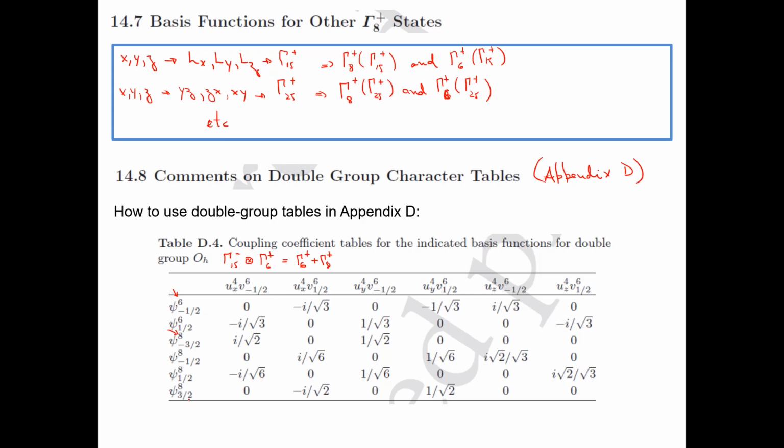The label here is the MJ value, so 3/2, 1/2, minus 1/2, minus 3/2, and these are the different rows, and the different columns correspond precisely to px spin down, px spin up, py spin down, py spin up, etc.